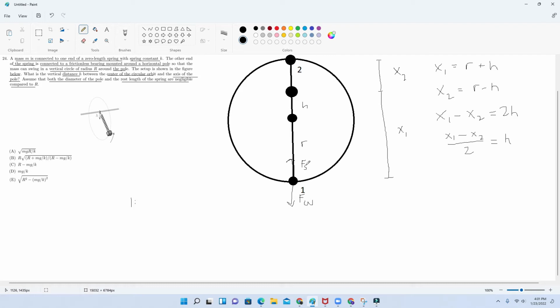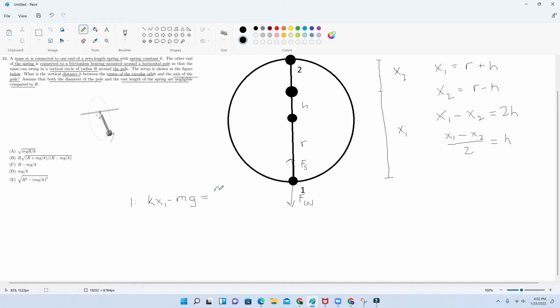So the spring force upwards is simply, using Hooke's law, k times the displacement x1, and then the downward gravity force is just mg. And this will give us our centripetal force, which is given by the formula mv squared over r.